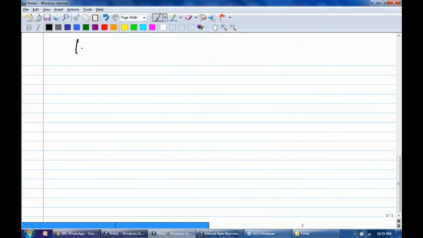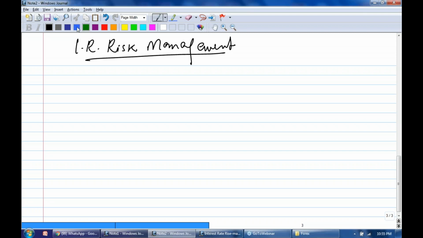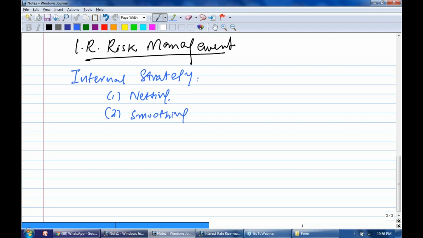Now, interest rate risk management. Number one, internal strategy. First point is netting. Number two is smoothing.